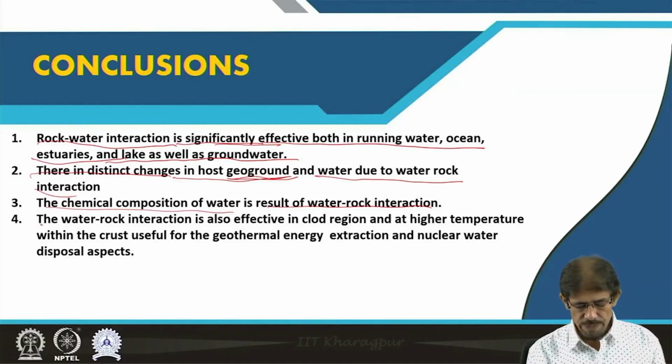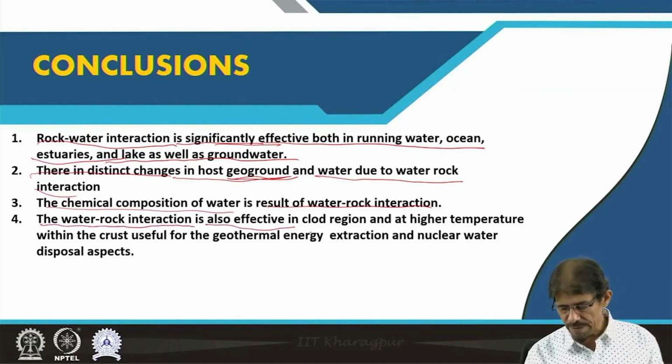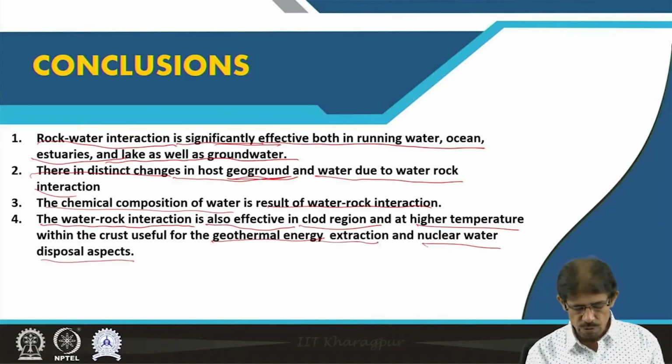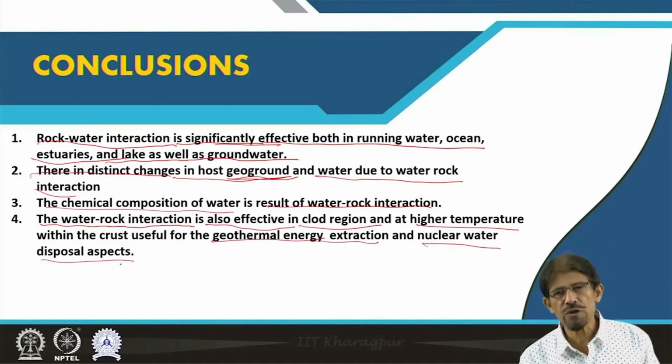Therefore, water-rock interaction is also effective in cold regions and higher temperature regions and useful for geothermal energy extraction, nuclear waste disposal, and precaution through mitigation measures for glaciers or avalanches in cold regions.